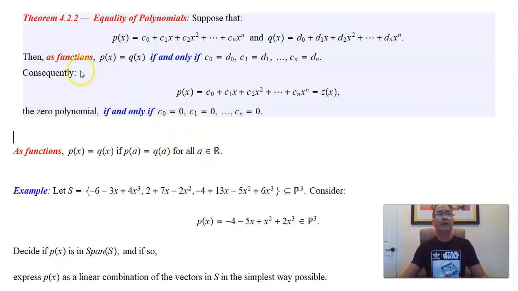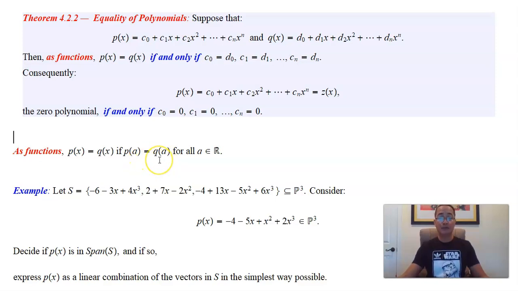All right, so let me just clarify what it means for two polynomials to be equal as functions. What it means is that the values of those two polynomials are exactly the same for the same input, a real number. In other words, if you plug in 5 to both polynomials, you should get the same answer.